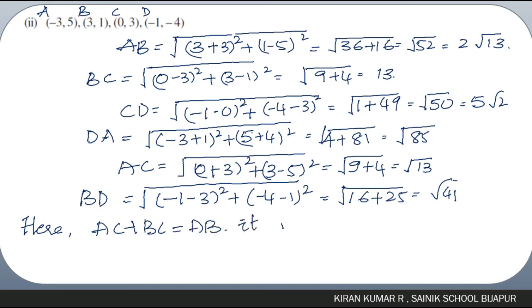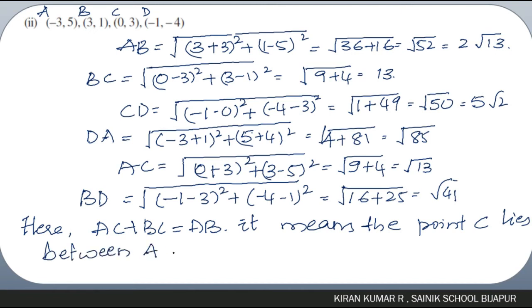It means the point C lies between A and B. This implies that the points A, B and C are collinear.